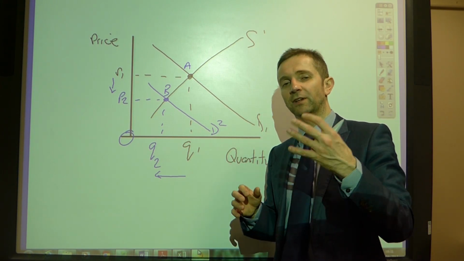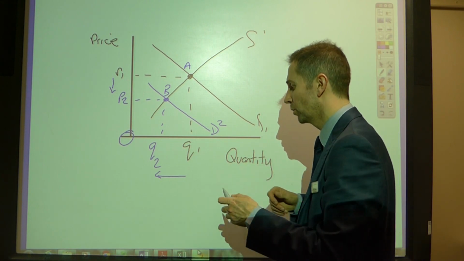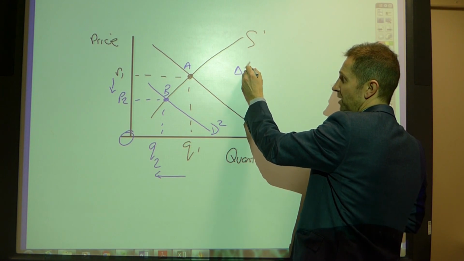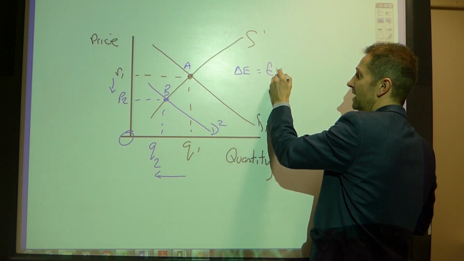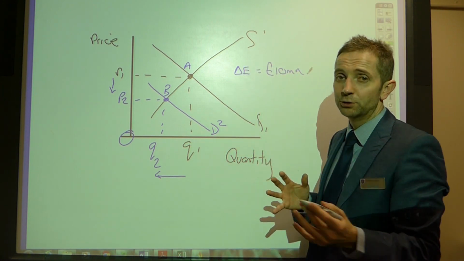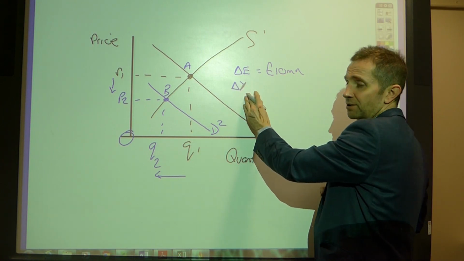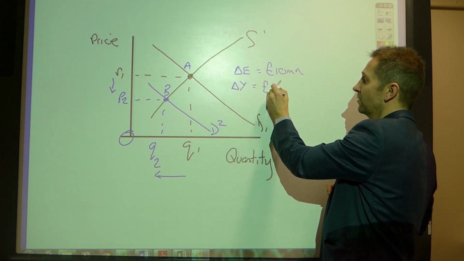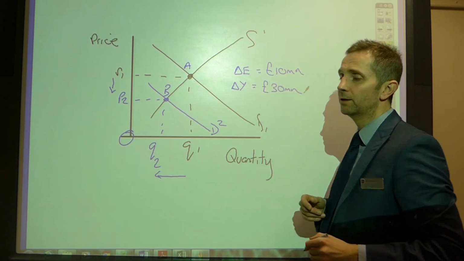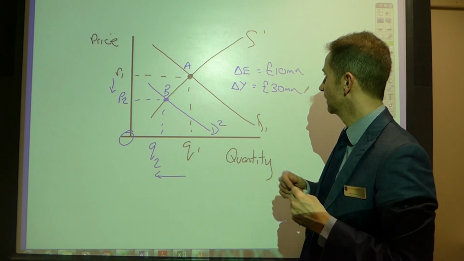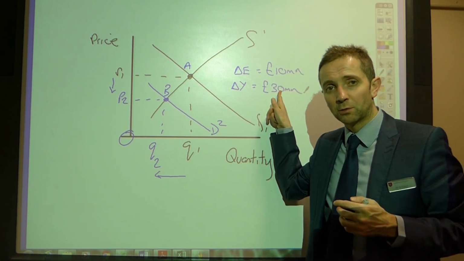So for example, if the government pumps 10 million into the economy, let's say, we would say that that is the change in expenditure equal to 10 million. Well, your national income, Y, delta Y, your change in national income might increase by, let's say, 30 million. Now that, of course, is a multiplier of a value of 3. Because you've injected 10, but your national income grows by 30.